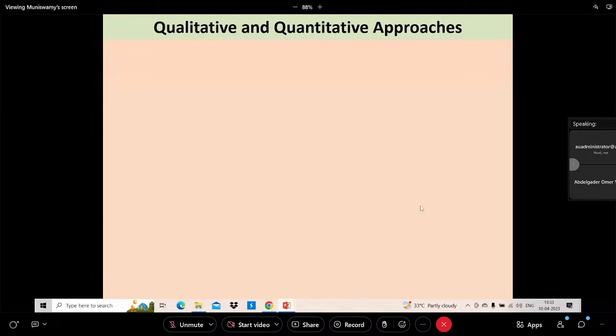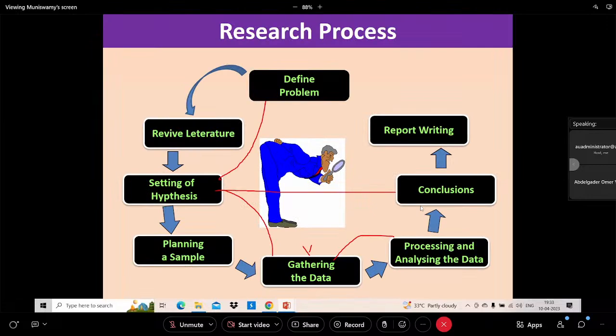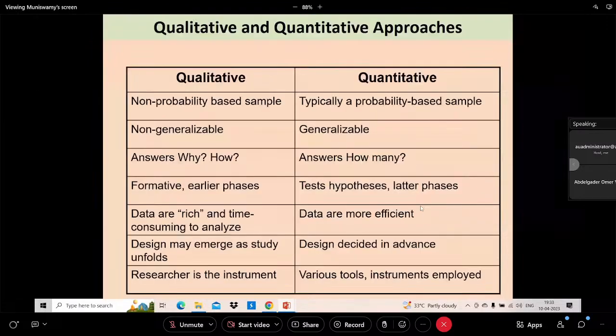After that, the data is again categorized into two types, qualitative and quantitative. Qualitative means no measure. For example, you see beauty. How much beauty is there? Is there any measure?